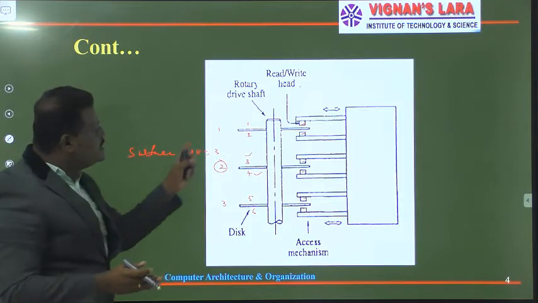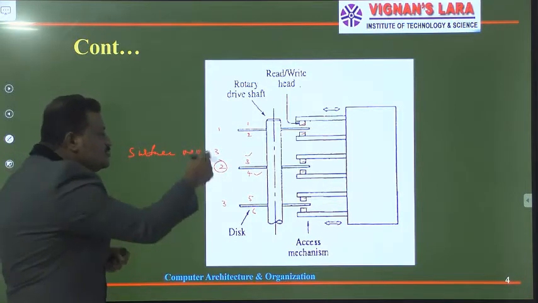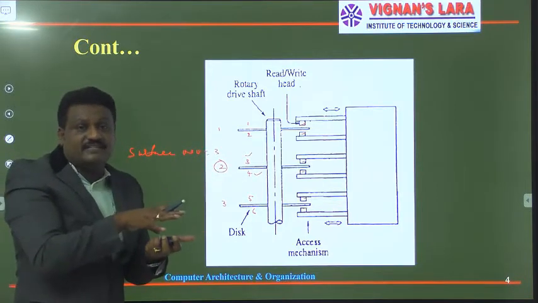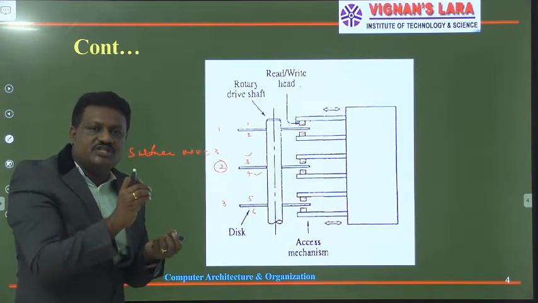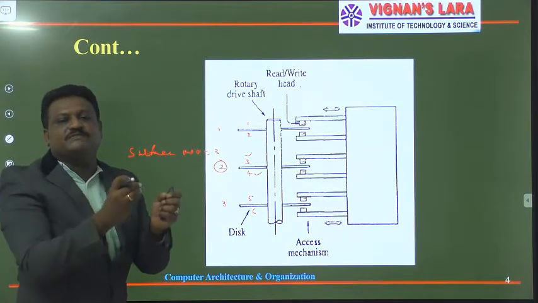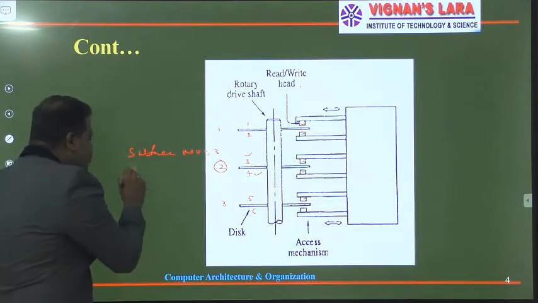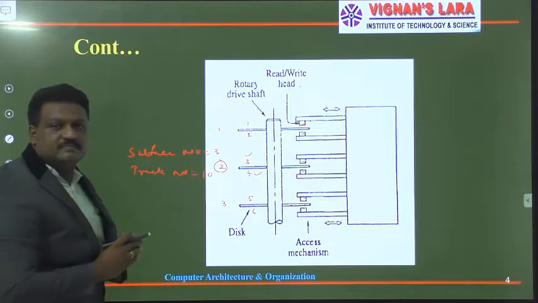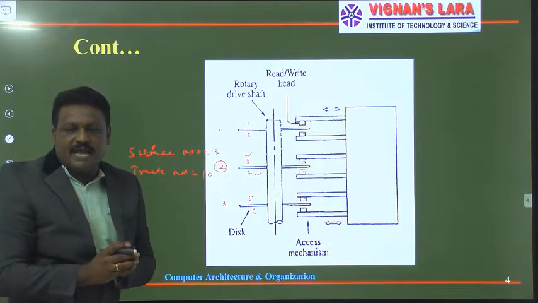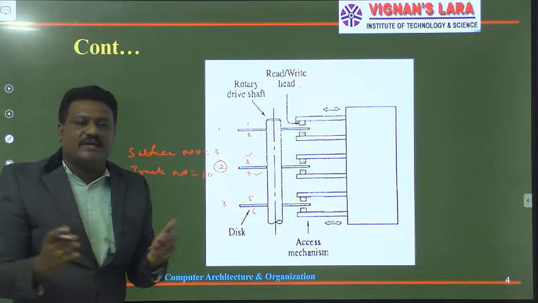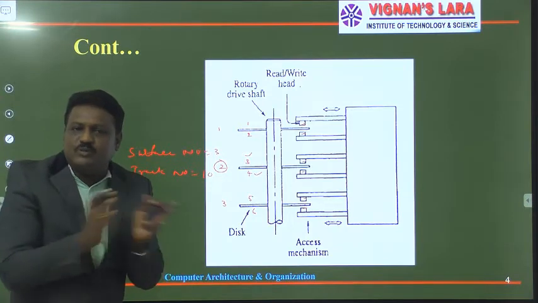So here I need surface number 3. Then on the surface a number of tracks exist, so I have to mention which track on that surface I am going to access my information from. So I can give a track number. For example, my track number is 10. Just assume every surface has 20 tracks.